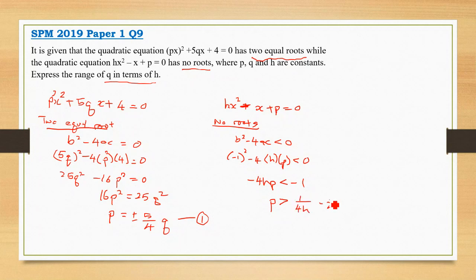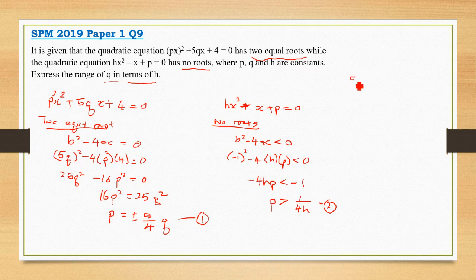This is equation 2. Okay, now look at equations 1 and 2. Substitute 1 into 2. So replace your p with positive as well as negative, so you have 2 sets of answers. So for the first one, let's say we use positive.